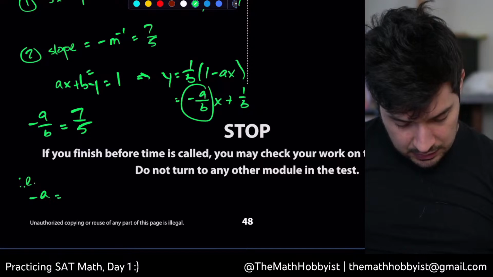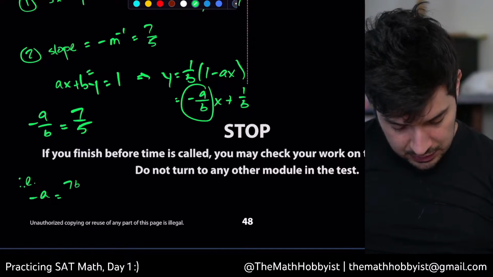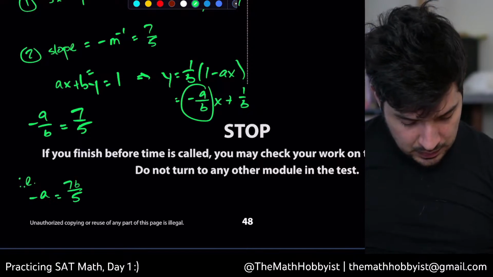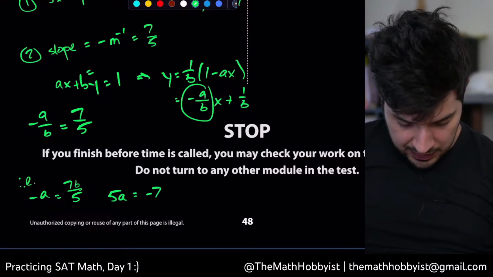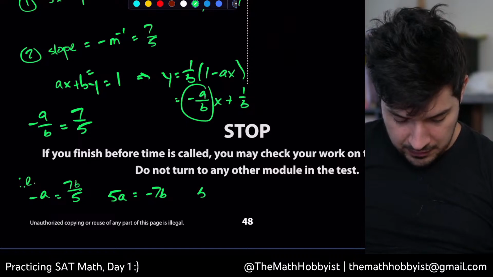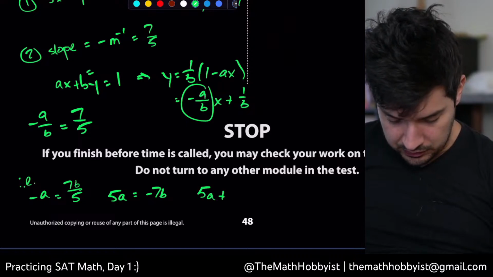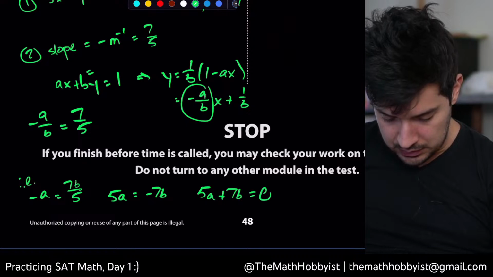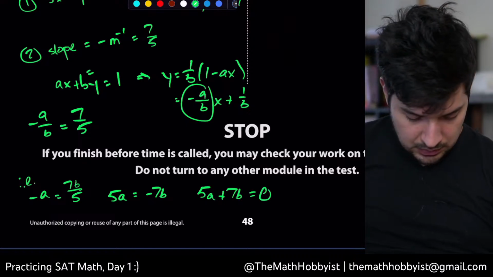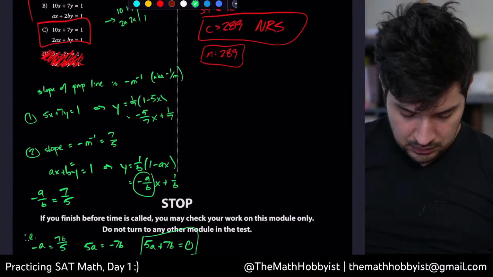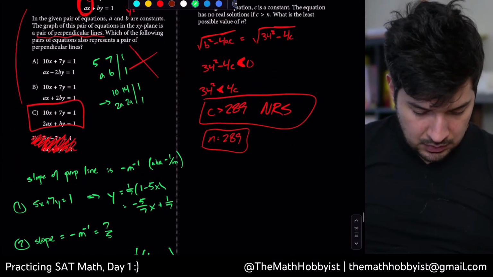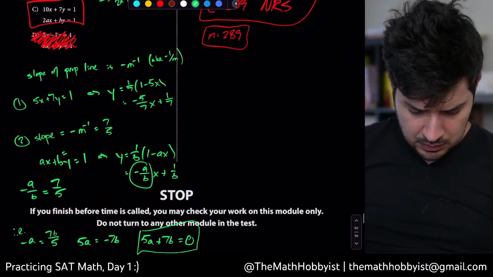Negative a equals 7b over 5. And then 5a equals negative 7b. 5a plus 7b equals 0.